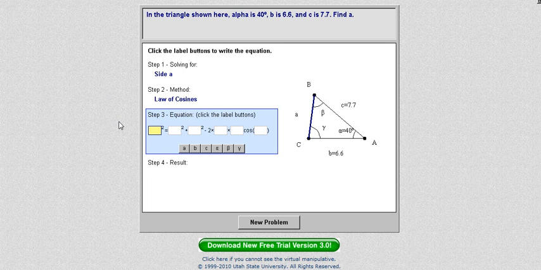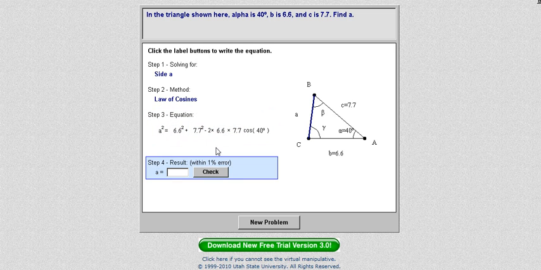What I'm looking for is a squared is equal to b squared plus c squared minus 2 times the given sides, b times c, times the cosine of alpha.